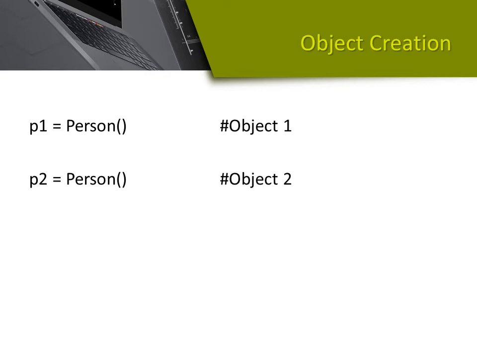Whenever you declare an object of a class, a different memory location is created to represent that object. That memory location will save values of all the variables defined in the class.